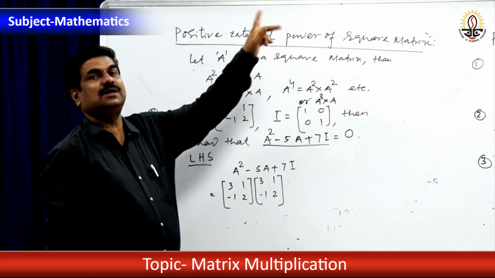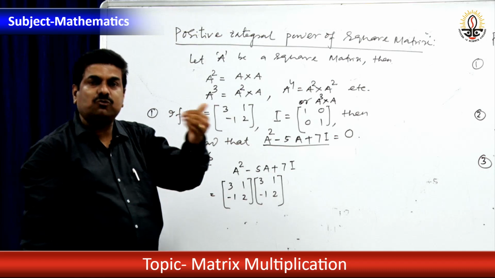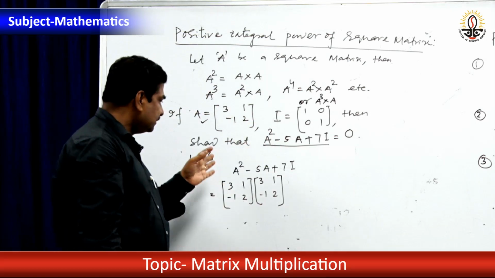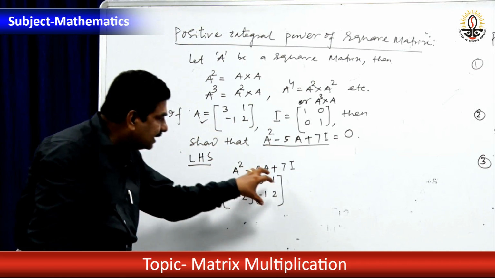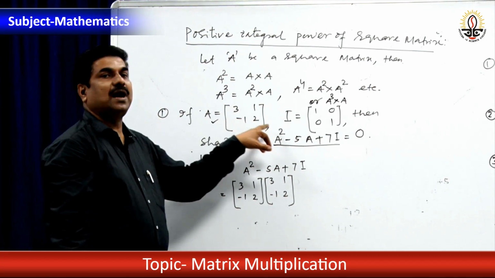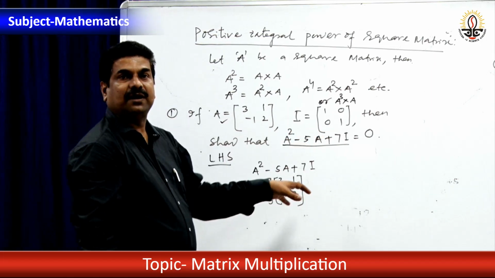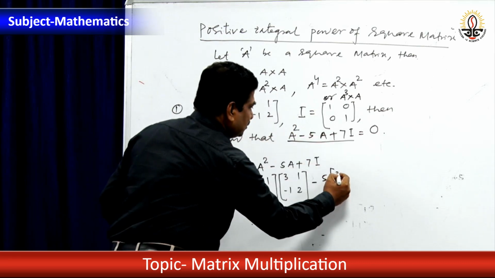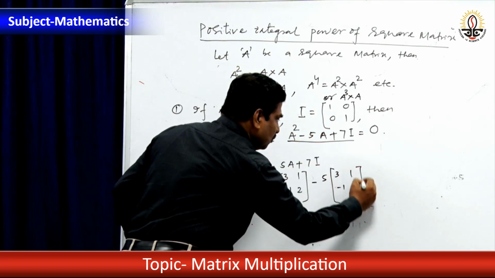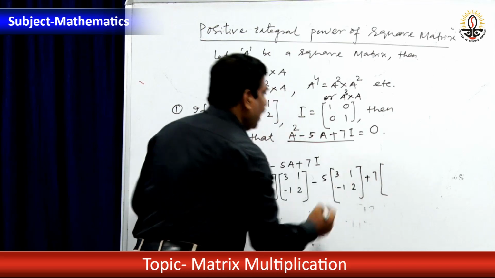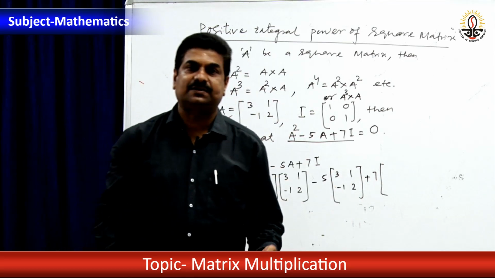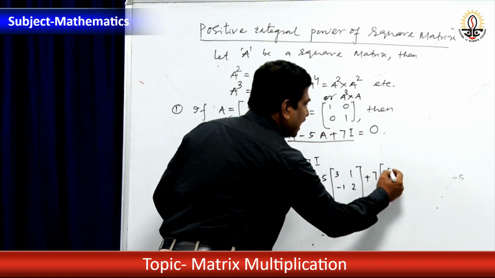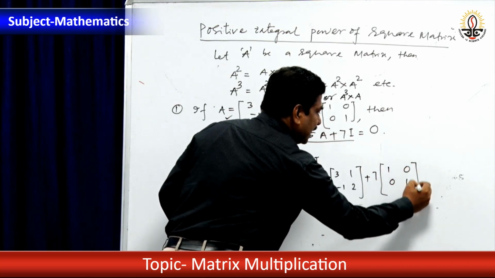Therefore, I will discuss the positive integral power of a square matrix, how to calculate A square, which is equal to A into A. Therefore, here you can write A into A as [[3, 1], [-1, 2]] into [[3, 1], [-1, 2]] minus 5 into A, which is [[3, 1], [-1, 2]], plus 7 into I. I is the identity matrix or unit matrix of order 2, so here we can write [[1, 0], [0, 1]].